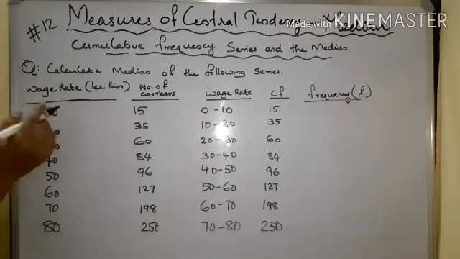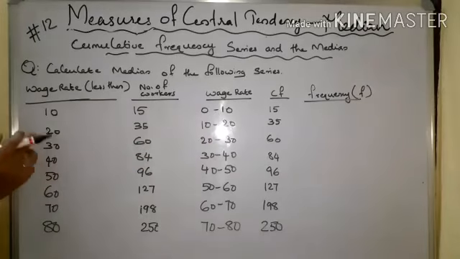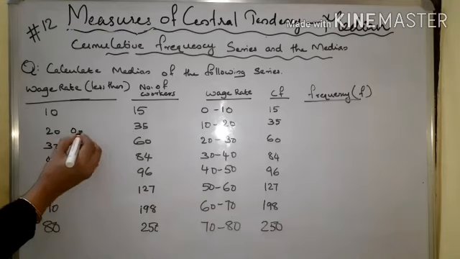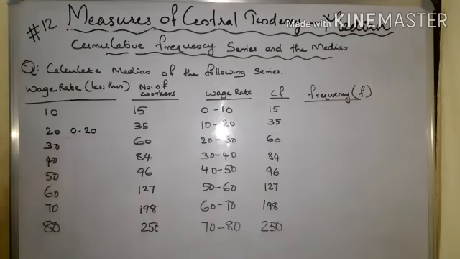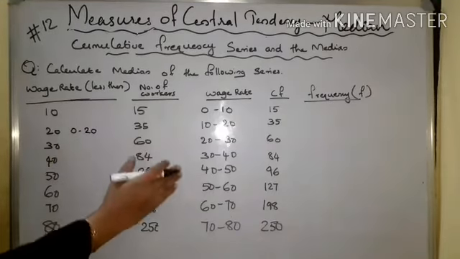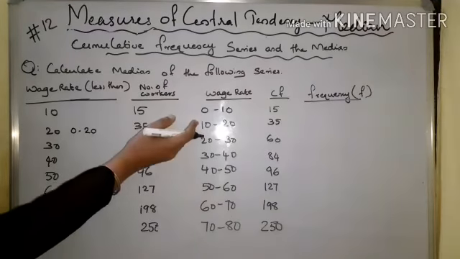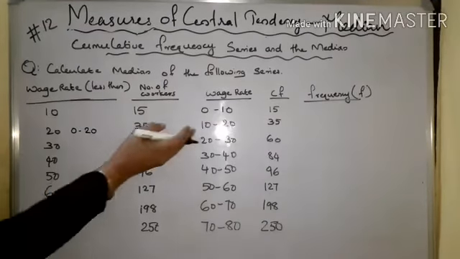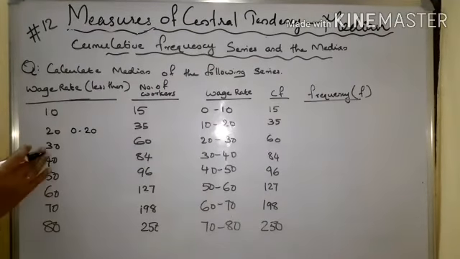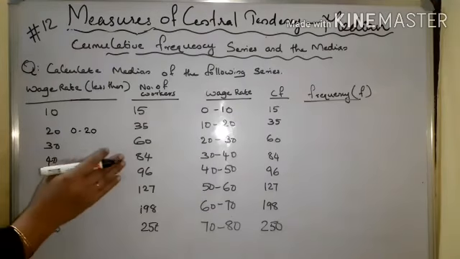Less than 20 means 0 to 20. But we convert these less than values into proper class intervals. Then we make 0 to 10, 10 to 20, then the next class is 20 to 30, 30 to 40, like that.